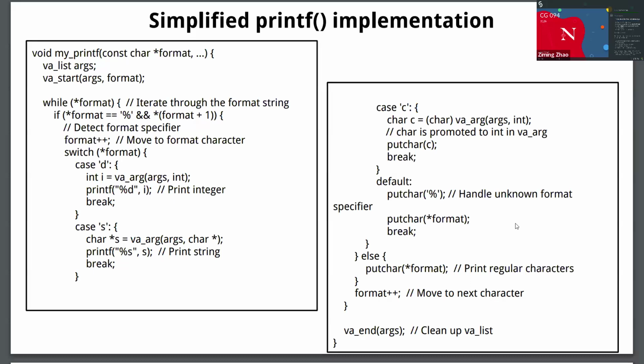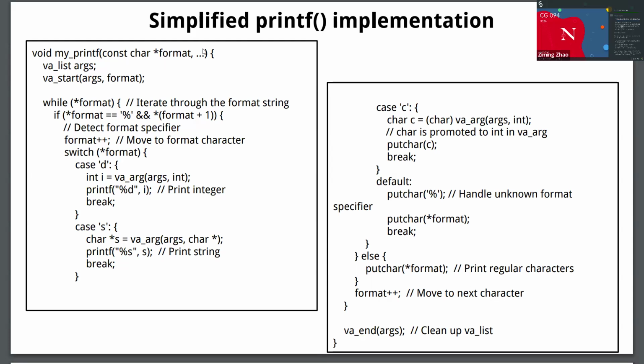So this is a simplified implementation of printf. This is not the C standard library implementation. It's just a simplified version. Let's say the prototype's first argument is the format string, and the function is not going to change that format string. So that's why we have a constant pointer here.